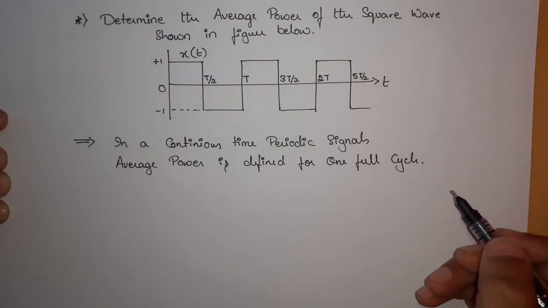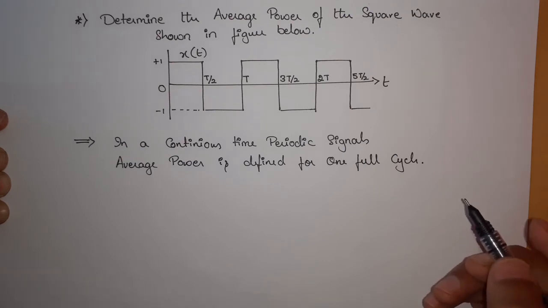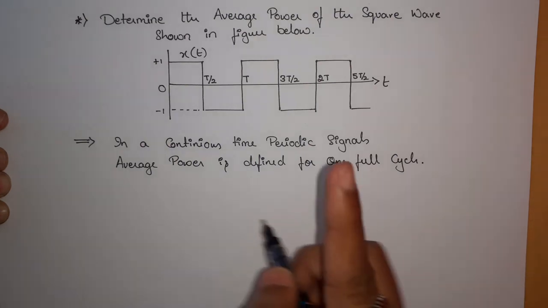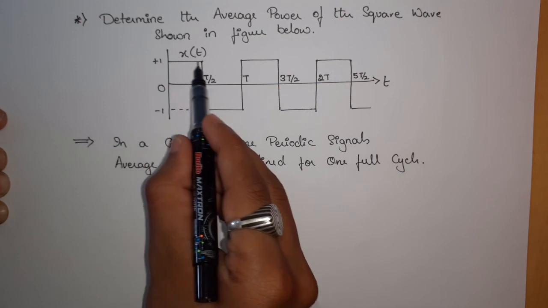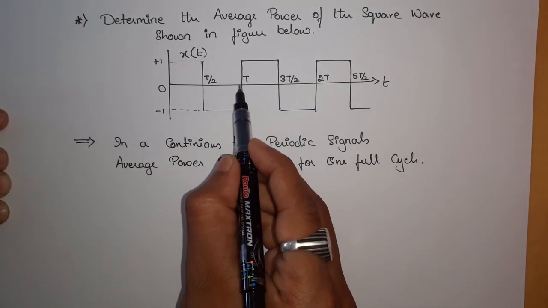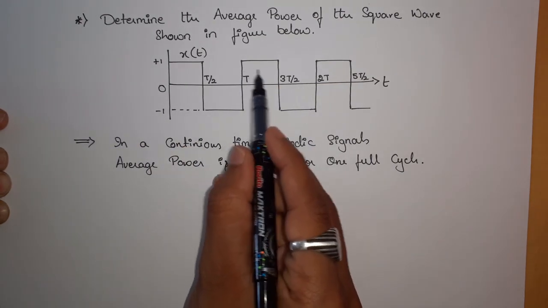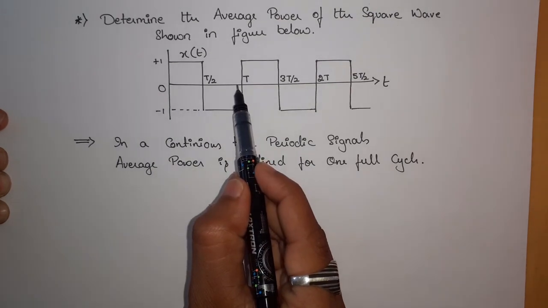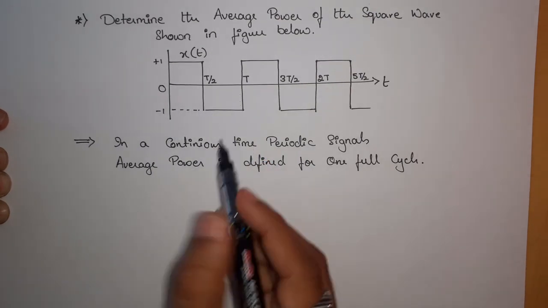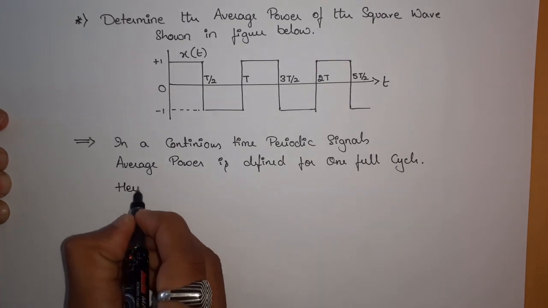Remember, in a continuous time periodic signal, the average power is defined for only one full cycle, and here one full cycle starts at 0 and ends at T, and the second cycle starts at T, which means we have one full cycle from 0 to capital T.